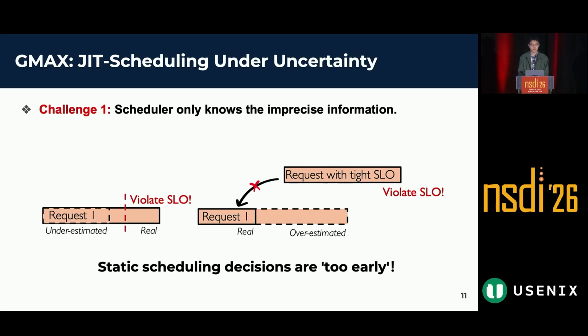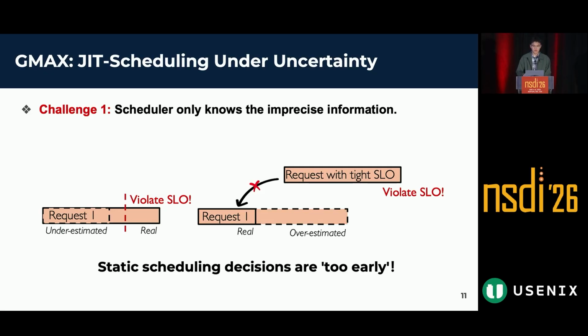So now the question is, even with the request analyzer providing estimations, the scheduler still faces 2 distinct challenges. The first is that scheduling decisions must be made with imprecise and time-evolving information. Static decisions made at request arrival are simply too early, since the optimal decisions depend on information that only becomes available later.